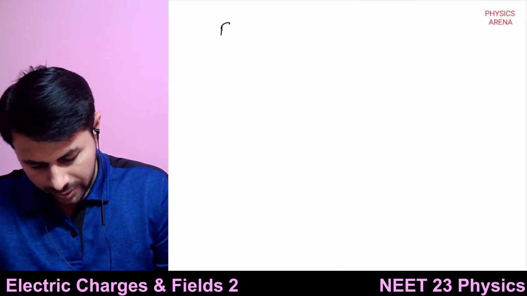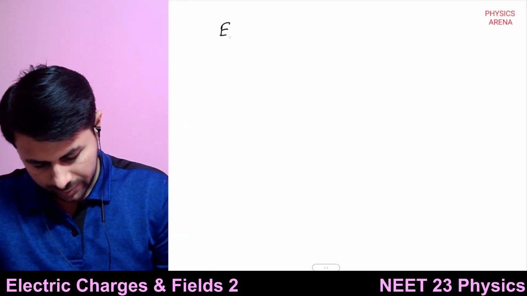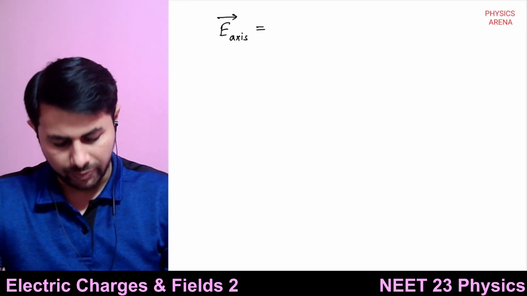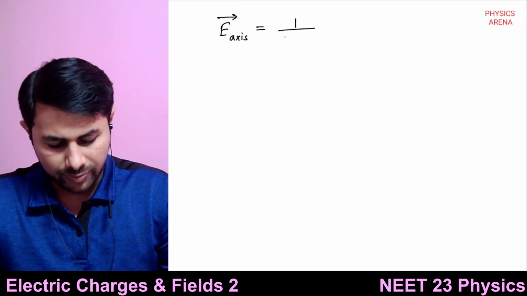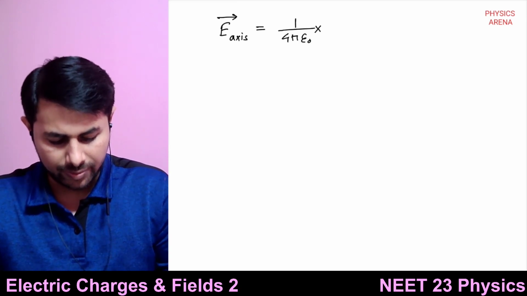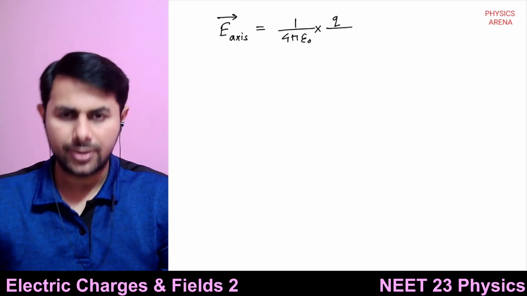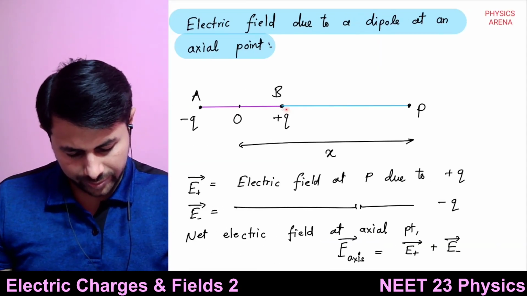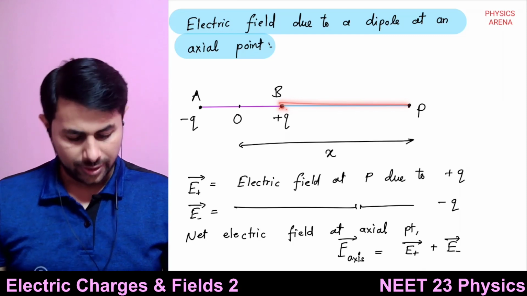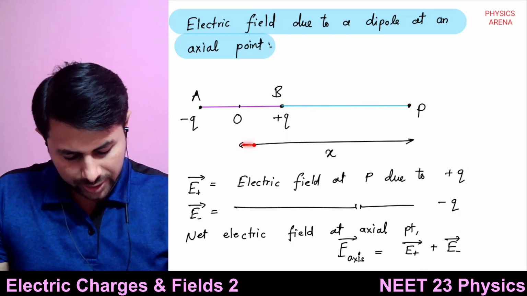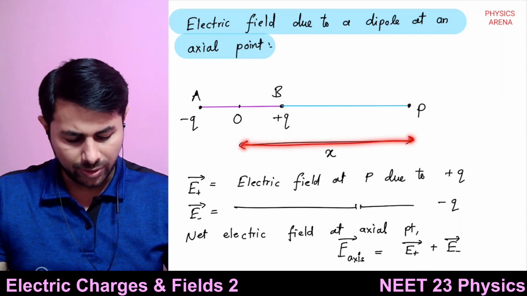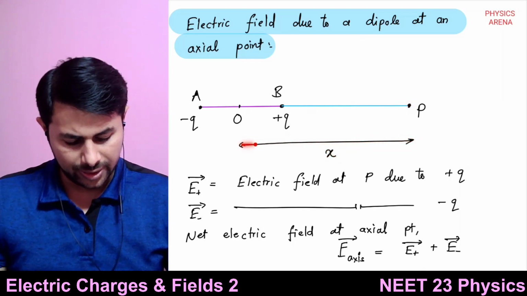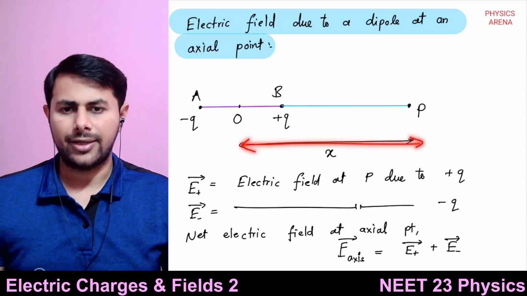So E axial is equal to, what is E plus bar? 1 upon 4 pi epsilon naught multiplied by Q upon the distance of that point from plus Q, squared. We know the distance from the midpoint of the dipole to the point P is x.